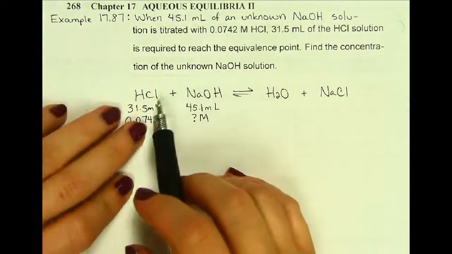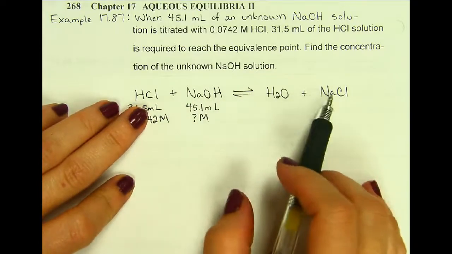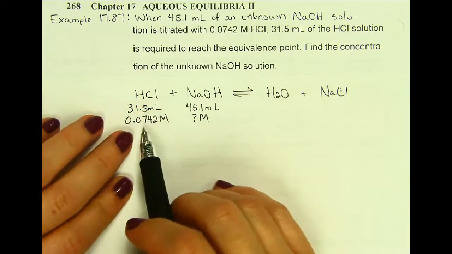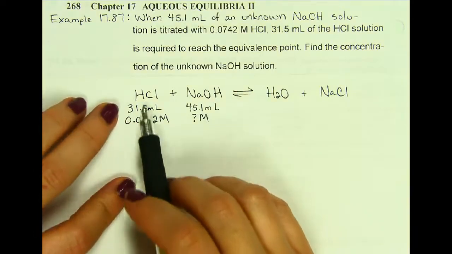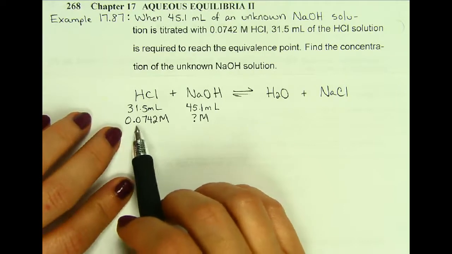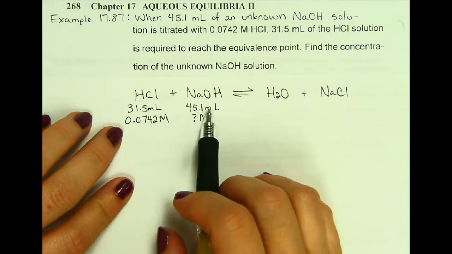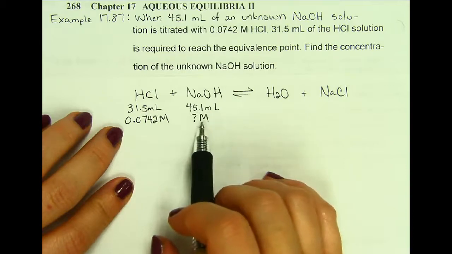So here is the reaction, hydrochloric acid plus sodium hydroxide, and it's going to yield water and sodium chloride. And then I wrote what I've been given here: for hydrochloric acid I have a volume of 31.5 milliliters and a molarity of 0.0742 molar. And for sodium hydroxide, I have a volume of 45.1 milliliters, and I don't know the molarity.